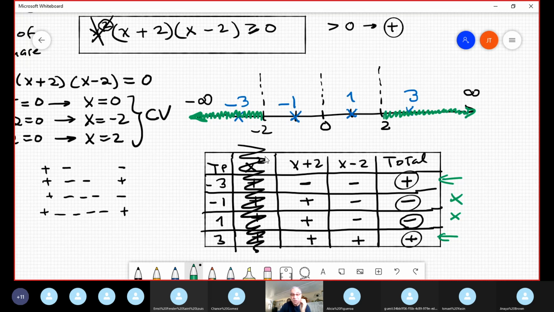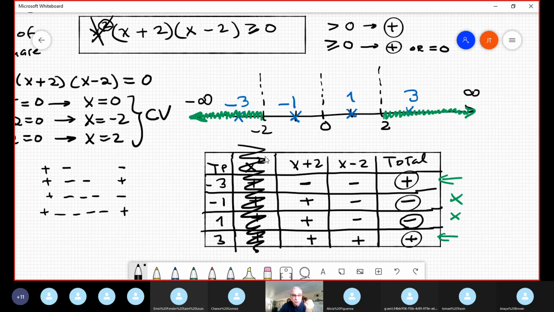Okay. This is the most important moment now. Remember, what is the difference between this example and another example? Different ideas, but the most important idea is that this inequality is not a strict inequality. It's a combination: greater than or equal to 0. That means it's positive, I understand, but it may also equal 0.